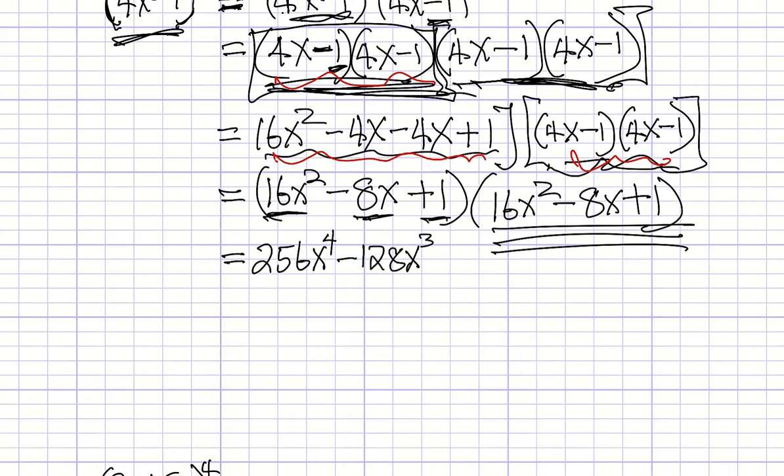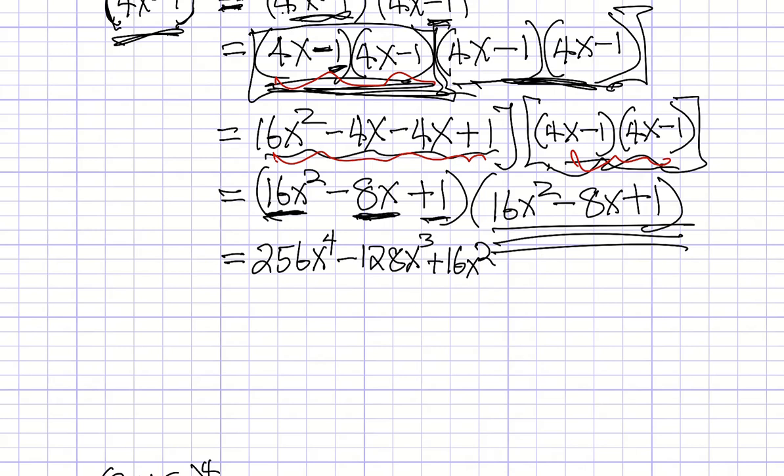You see that, right? And then we keep going. We take 16x squared multiply with 1. You get plus 16x raised to the power 2. You see that, right? So this is just one time, because we got 3 terms. Now we gotta use the next one.